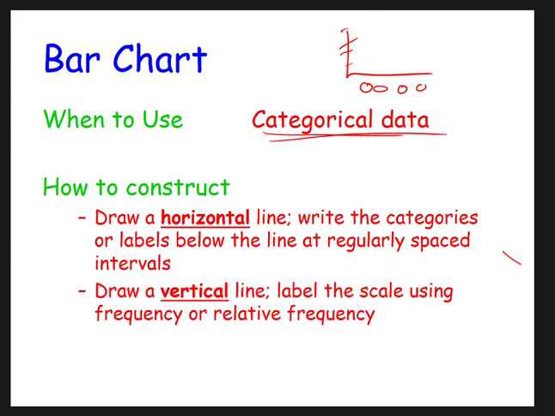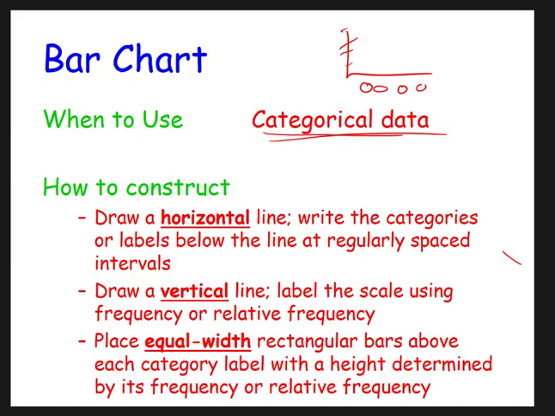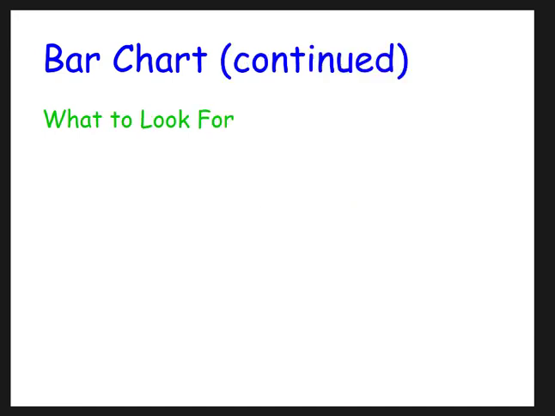The vertical line is labeled as our scale so that we can record the frequencies. And the width of each rectangle, when we draw our bars, we need to make sure they're the same width, because a wider bar makes it look bigger, even though it's the exact same height. Your mind looks at that and wants to make it bigger.